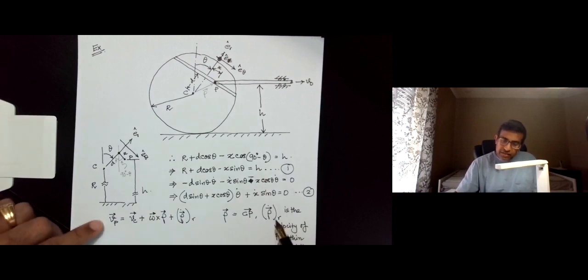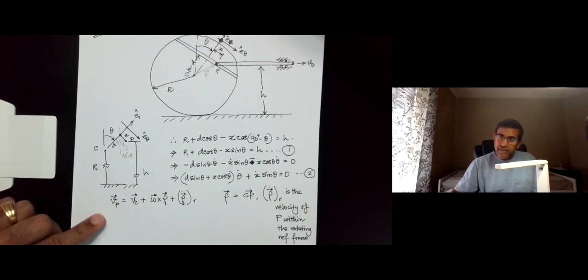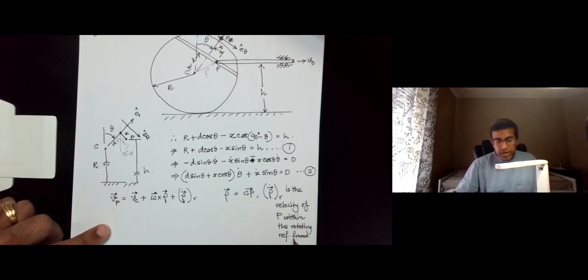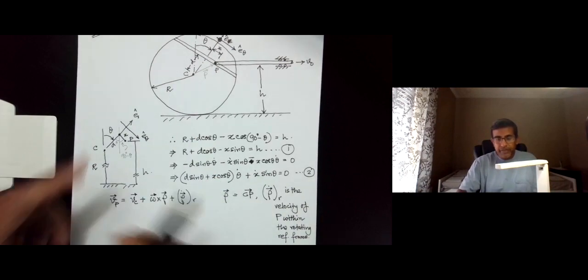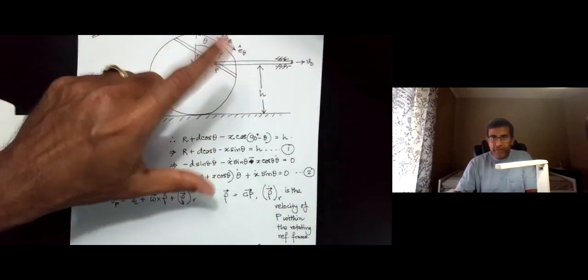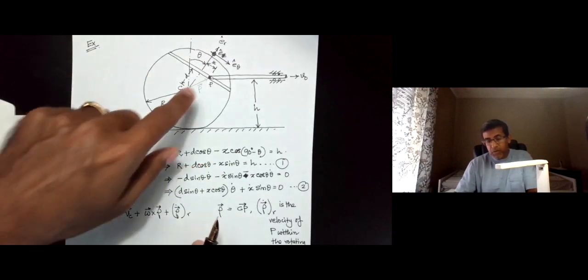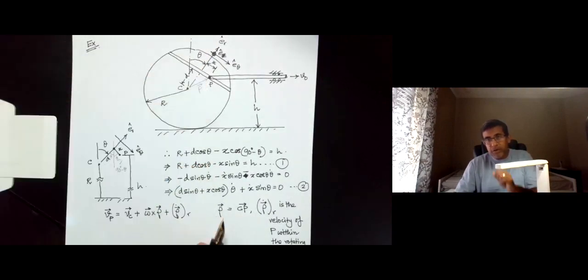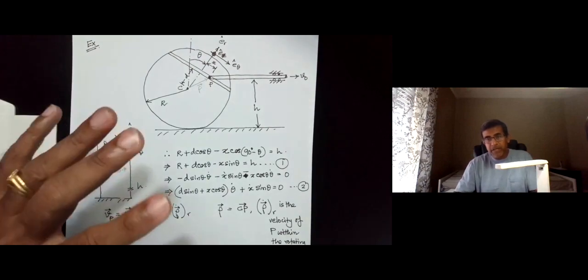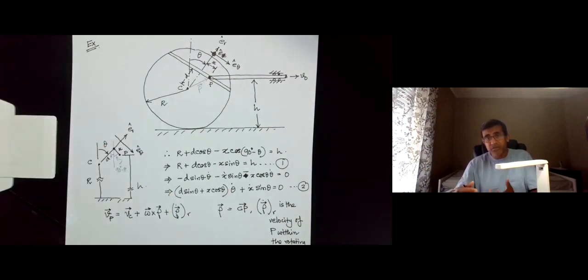So when we say that rho dot r is the velocity of p within the rotating frame, what we mean is that as the frame turns, we want to quantify the velocity of the point p as observed within this rotating frame.